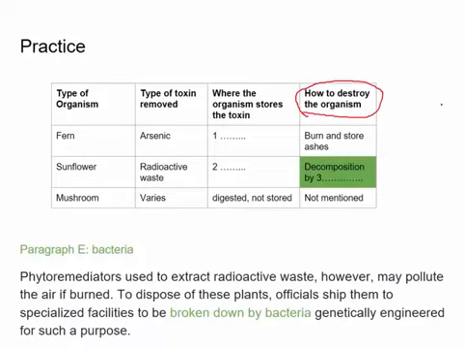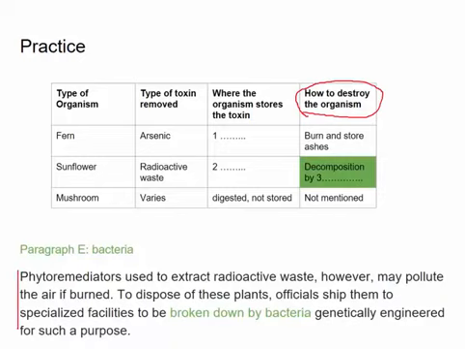Now, for sunflowers, it was different. We have the phrase started for us, decomposition by what? Okay, so decomposition, we can guess, is going to be a keyword, a paraphrase of something we find in the article. And sure enough, that idea is down in paragraph E, where it discusses this topic in a little bit of depth.